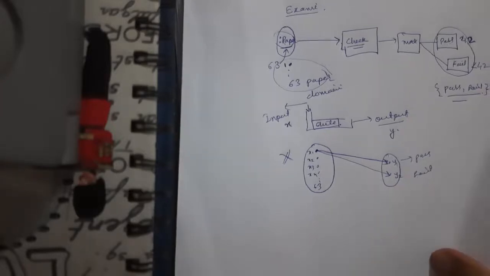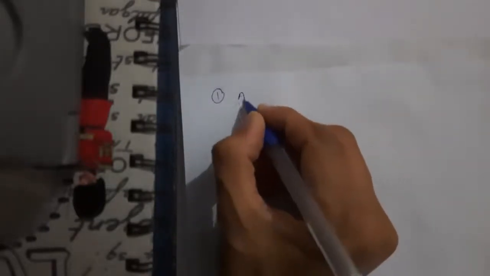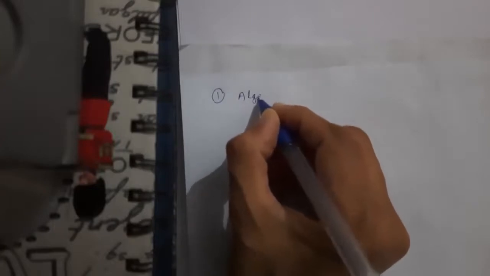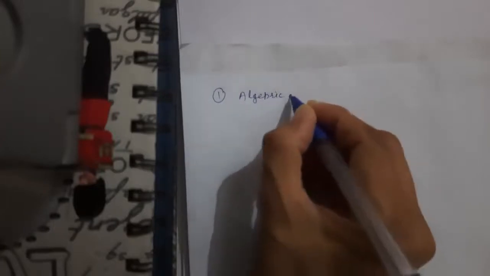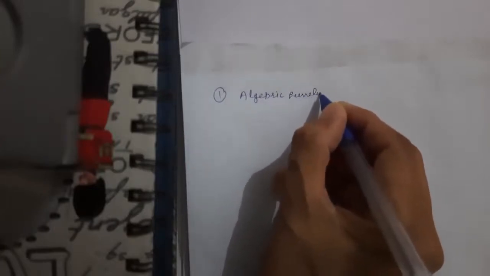Now we are going to see different types of function. The first function that I want to explain to you is the algebraic function. I'll just write it here. First one, algebraic function.